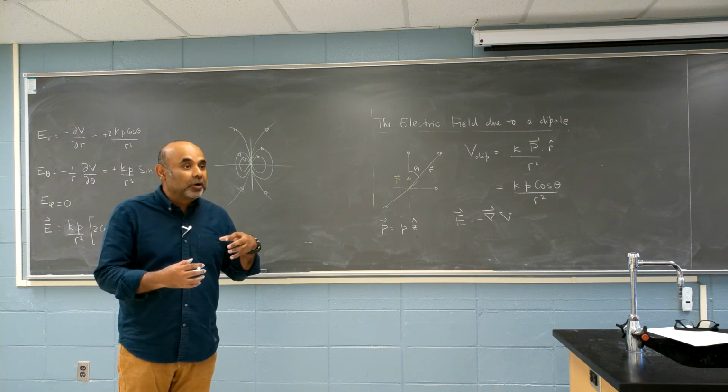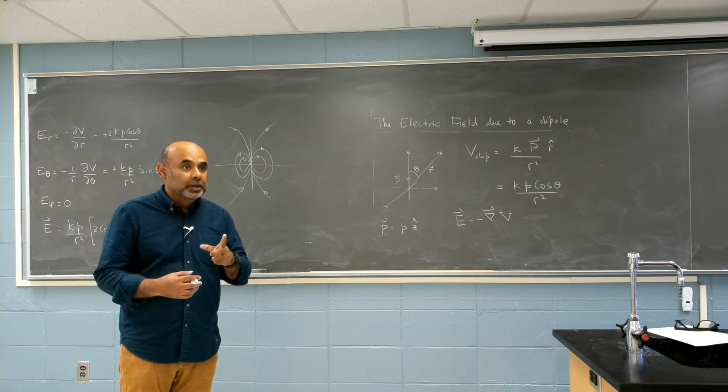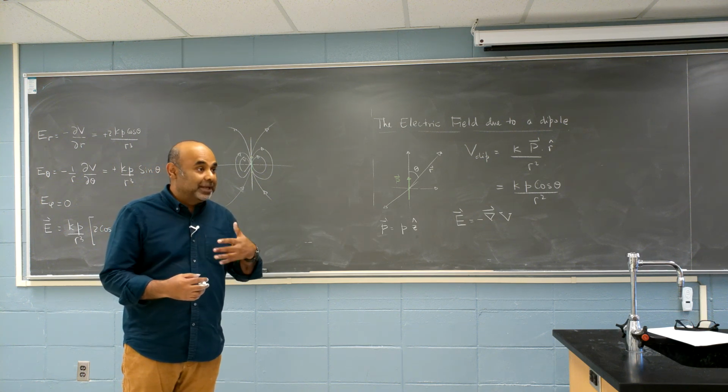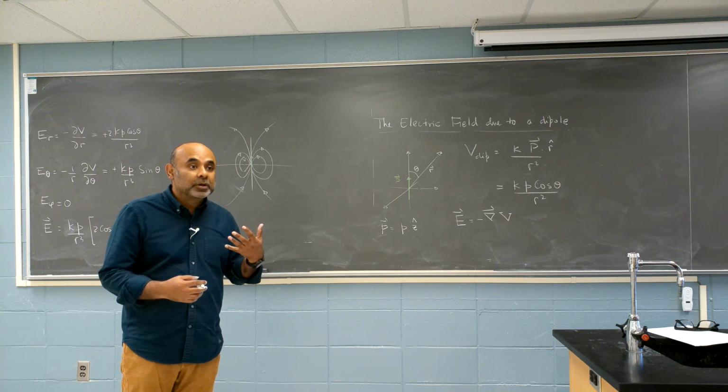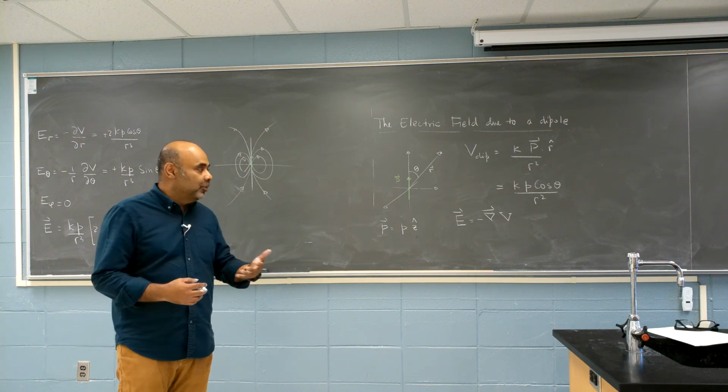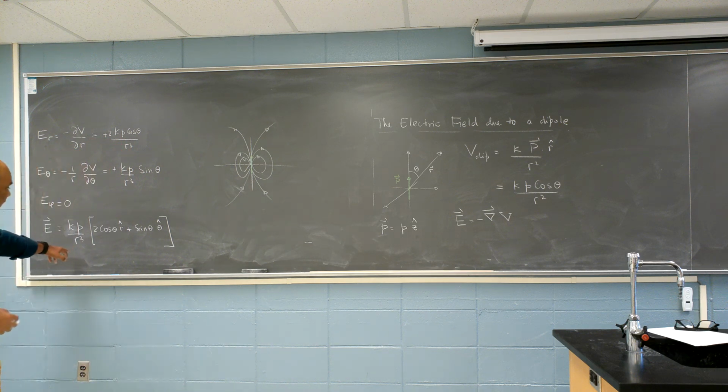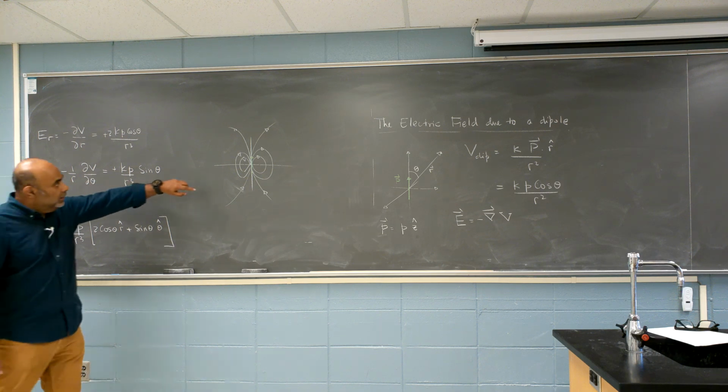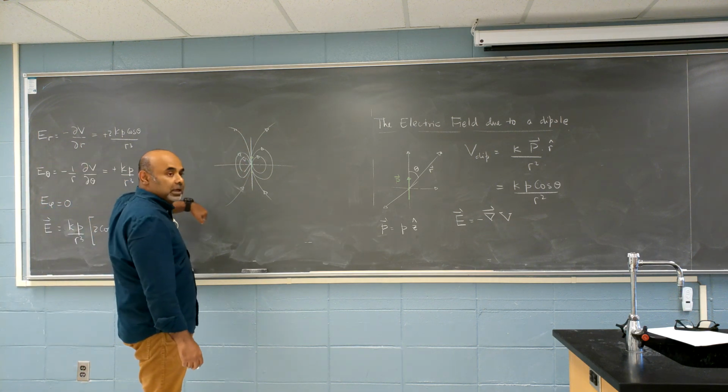Monopole terms fall off as 1 over r. Dipole terms, potential-wise, fall off as 1 over r cubed. So by definition, this is a 1 over r cubed guy. There's no 1 over r. And that's why every loop eventually comes back around.